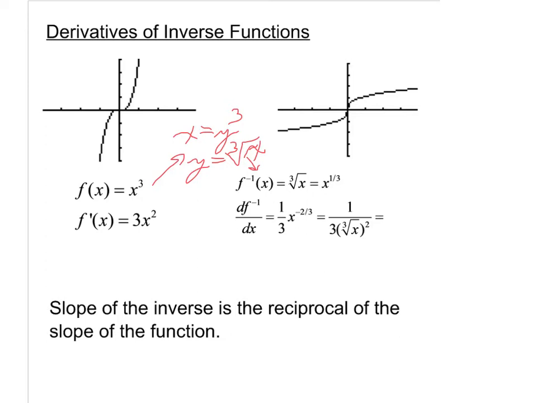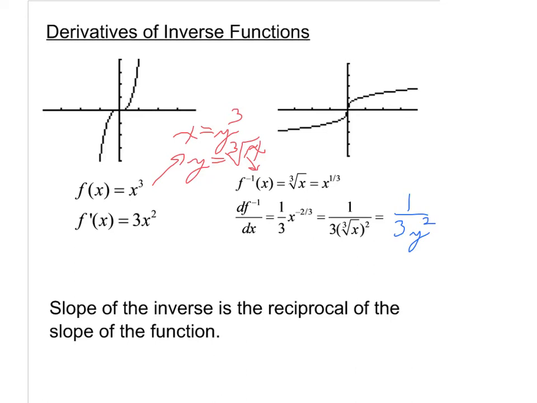Well, if we take the derivative of this, x to the 1/3, we're going to get 1/3 x to the negative 2/3, which is 1 over 3 cube root of x squared. Well, in terms of our x and y notations, this would be the same as saying 1 over 3 times y squared for our inverse.